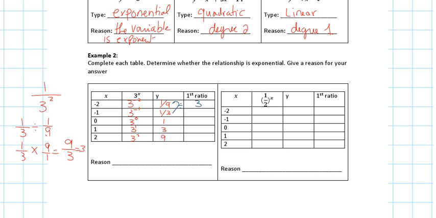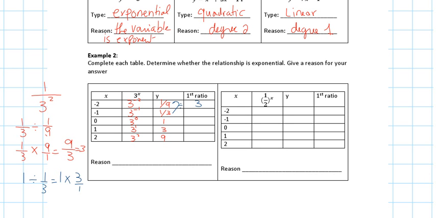So then I have 1 divided by 1/3. Again, flip, right? Make your division multiplication, flip your second fraction. 1 times 3, that's 3 over 1, that's still 3. Okay?